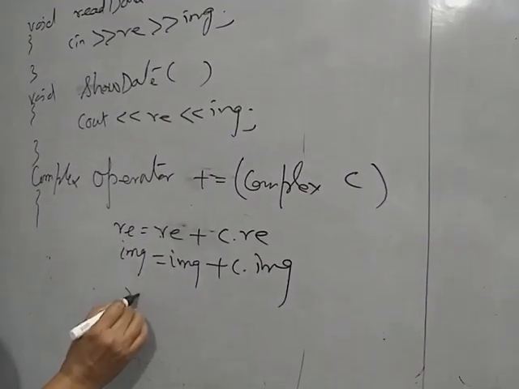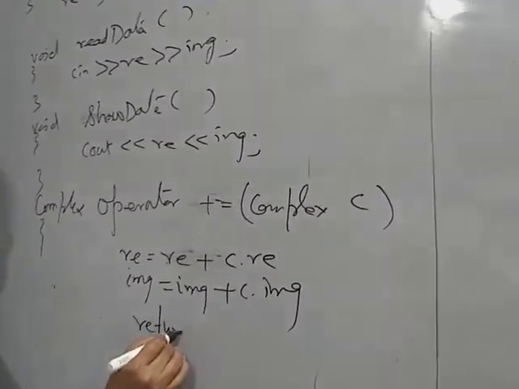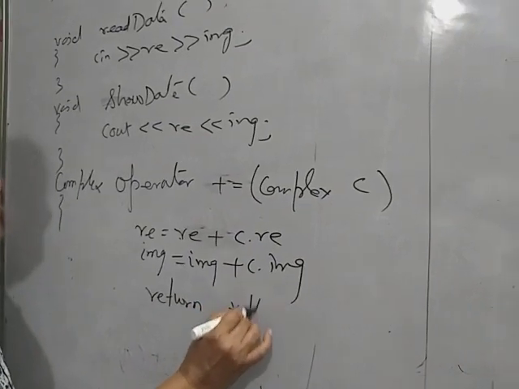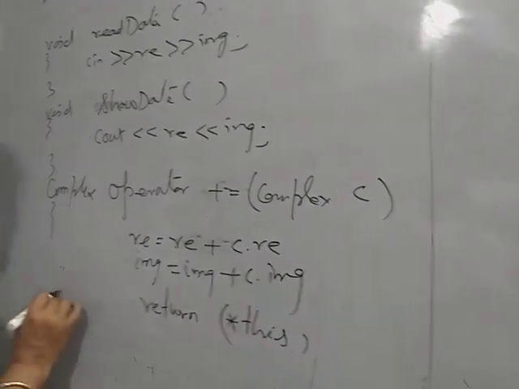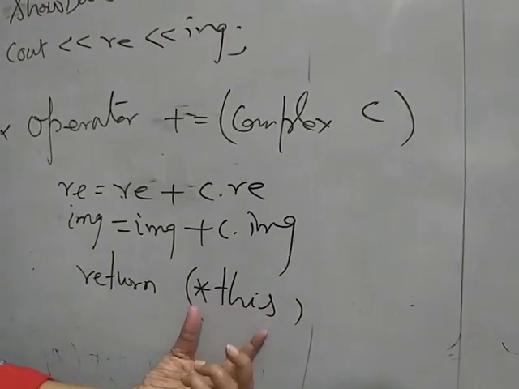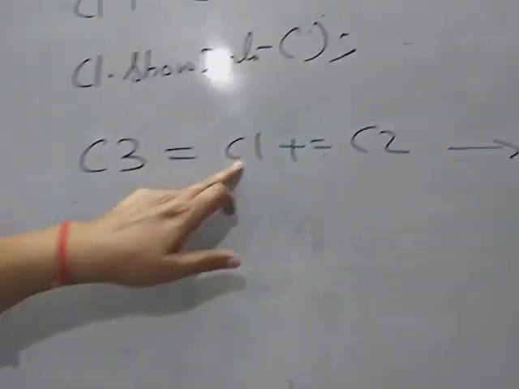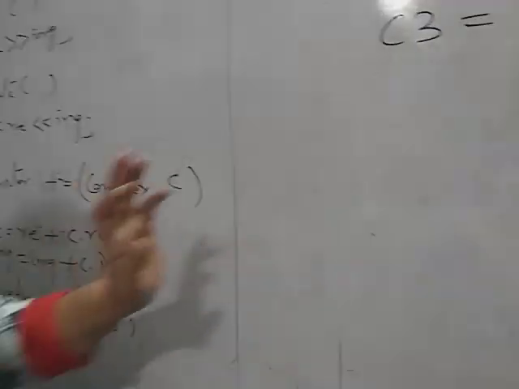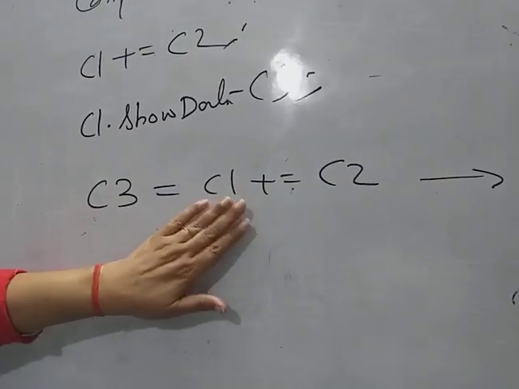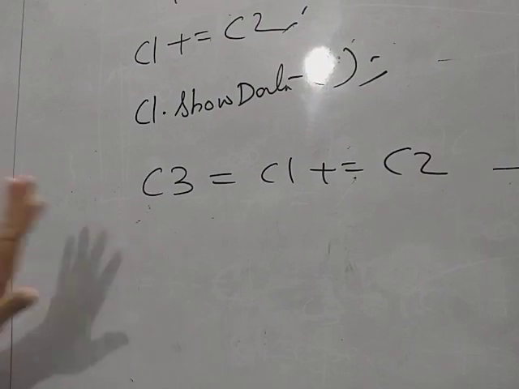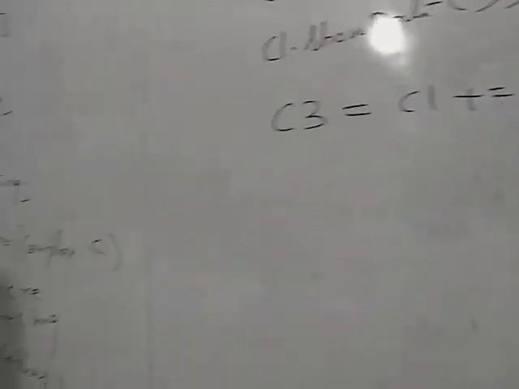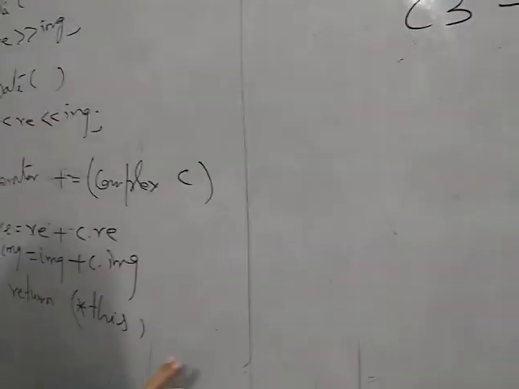So here we write return asterisk this. This is a pointer to the implicit object, and star this will return the object. So after the execution of this function, the C1 object is returned and this object is stored in C3. So here you can overload the plus equal to.